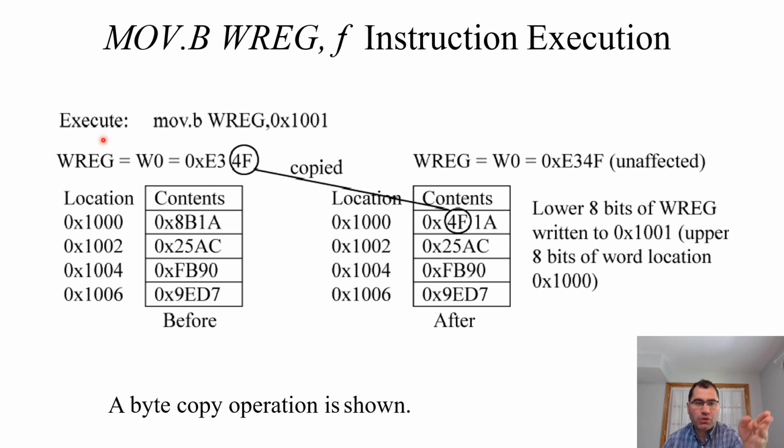Okay, so let's look at this example. We want to execute move.b WREG, 0x1001. What that means is copy the least significant byte of WREG, or W0, and put it into address location 1001.